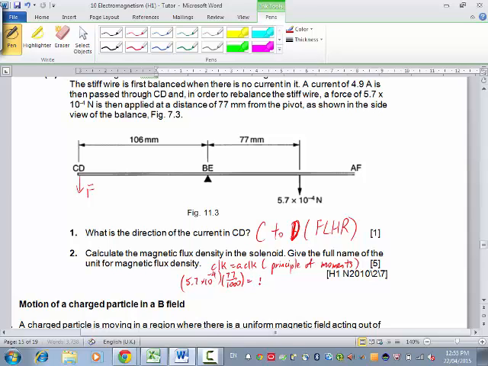Anti-clockwise is F. But the F you can further split into BIL.